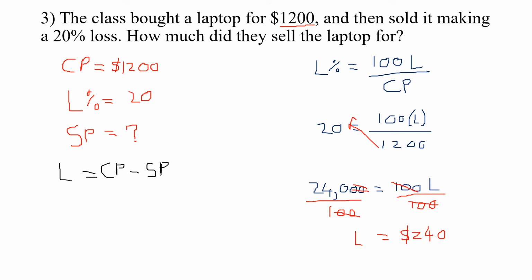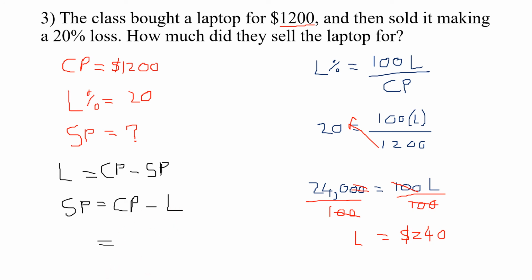To find my selling price, I just have to play around with this formula. Selling price would be equal to the cost price minus my loss. Now I have these two pieces of information, so I just have to substitute and do my math.